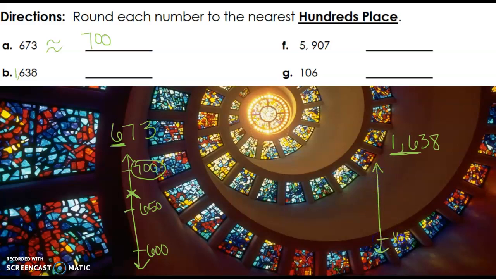So that's my floor number, 16 hundreds. 100 more would give me 17 hundreds. Halfway, 1,650, because 50 is half of 100. Now, 1,638 would be below the halfway point, so it's closer to the floor. So that one is going to be about 1,600.